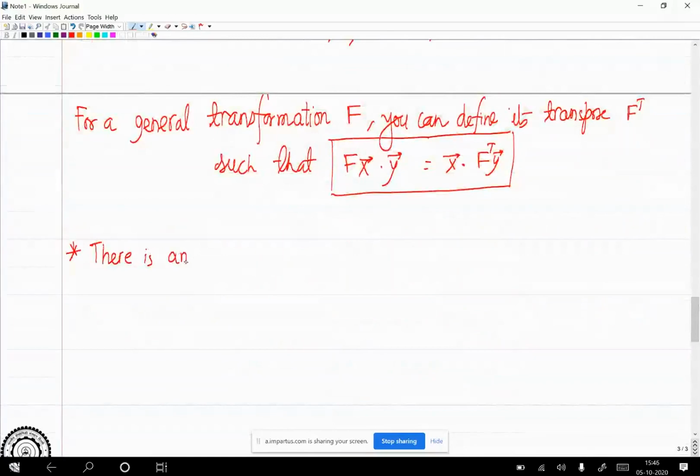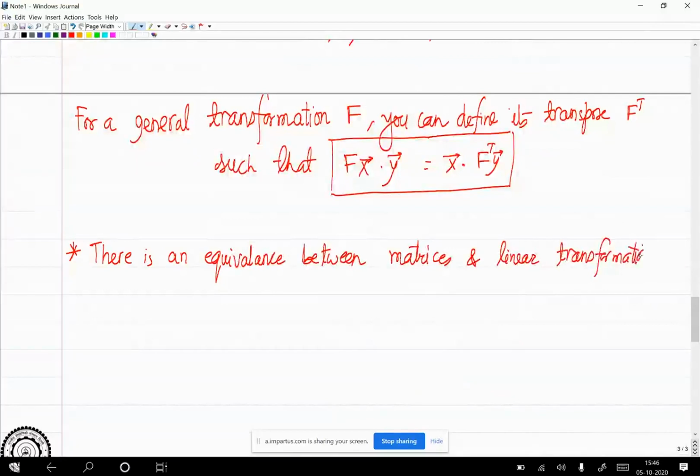There is an equivalence between matrices and linear transformations, and it is that a matrix is the representation of a linear transformation.